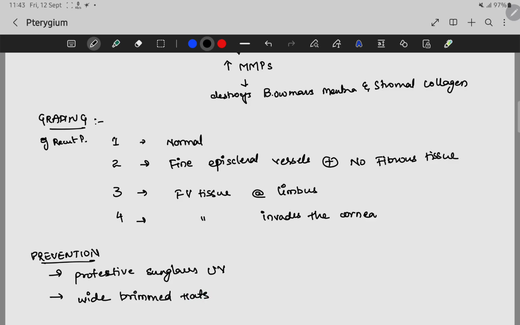These are some protective measures, and the supportive treatment is with the help of lubricants and topical steroids.